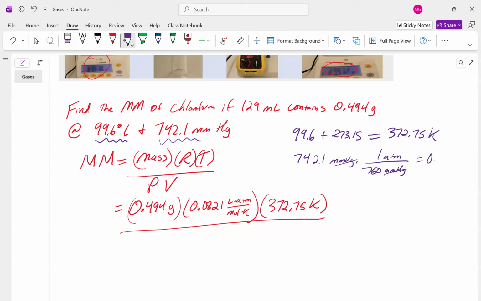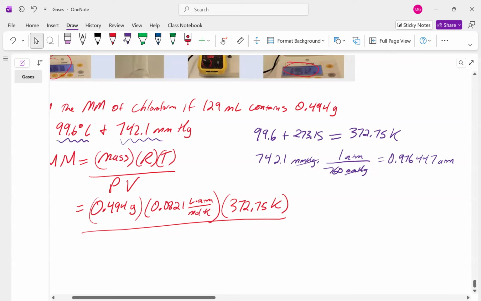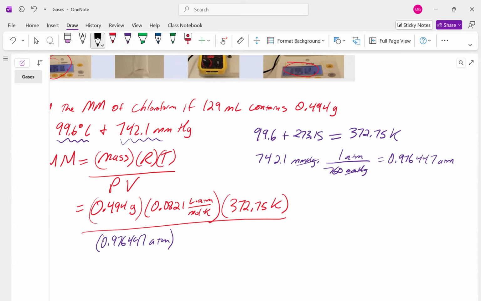And so that comes out to 0.976 atmospheres. Actually, I got a few more decimal places I could use. Let's take a few more so I can get the right amount of sig figs: 0.976447 atmospheres. And then volume, 129 milliliters. Make sure that that is in liters. So we'll just move that decimal place over a few places.